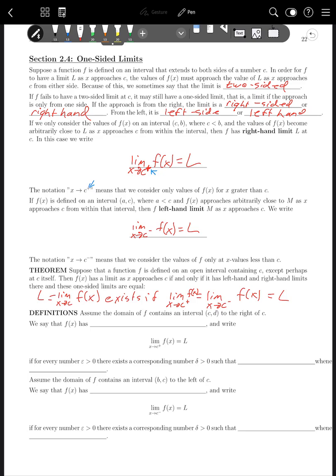So we can also talk about the precise definition of these. Assume the domain of f contains an interval (c, d) to the right of c.